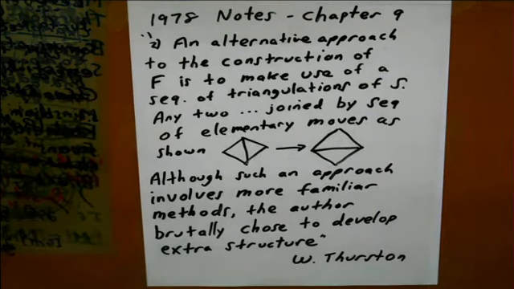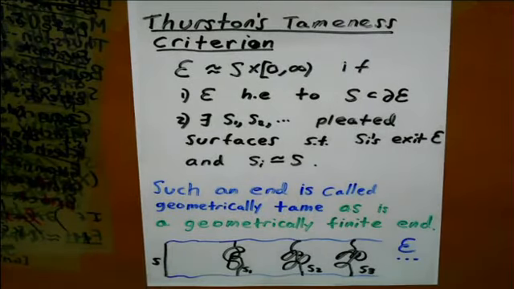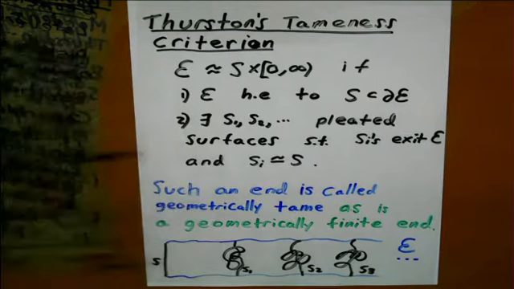So there's Thurston's tameness criterion, and so here's our taming criterion. Danny and I did this, which is actually just an epsilon. Here it is.